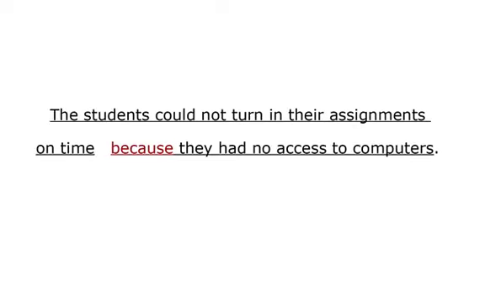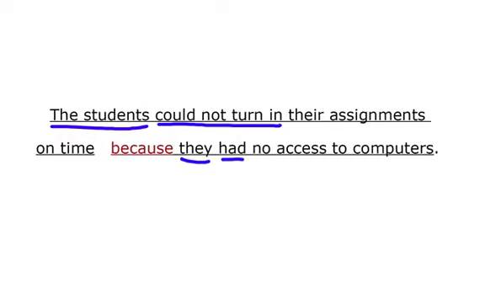The students could not turn in their assignments on time because they had no access to computers. This sentence has two clauses. Do the clauses have subjects and verbs? Subjects and verbs.